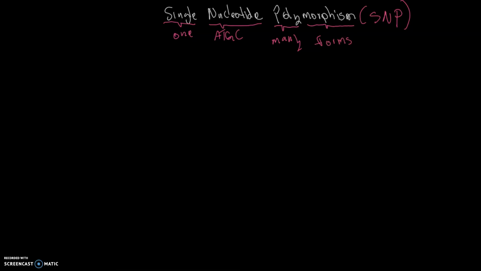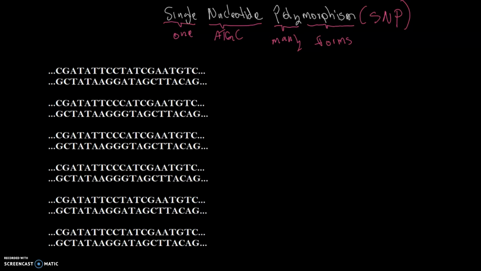Now I'm going to start off by giving you portions of DNA from 3 people. So let's say that this is person 1, person number 2, and this is person 3. Remember, we have 2 copies of each piece of DNA, one from mom and the other one from dad.